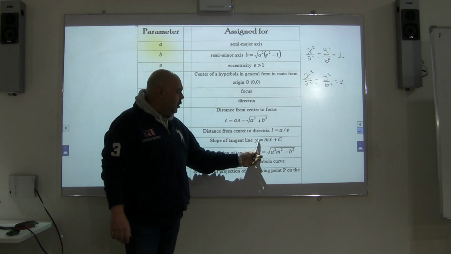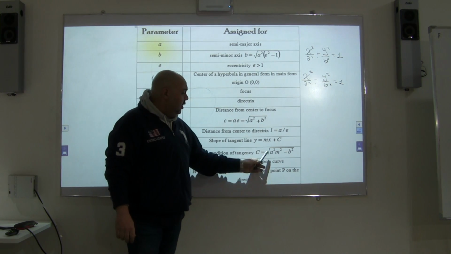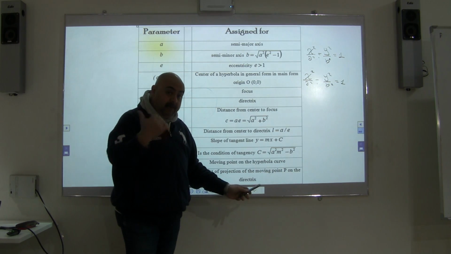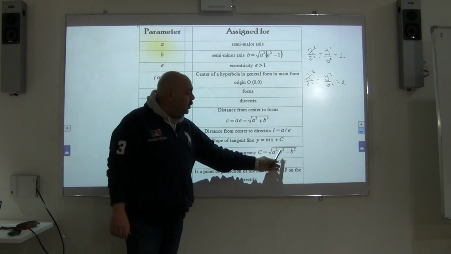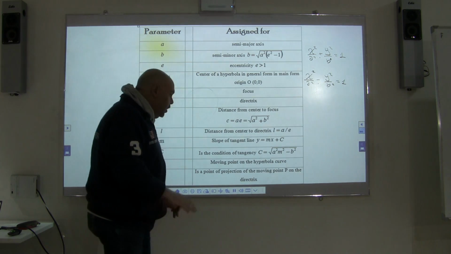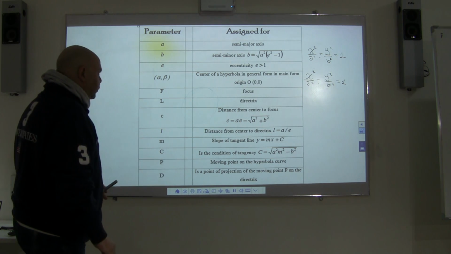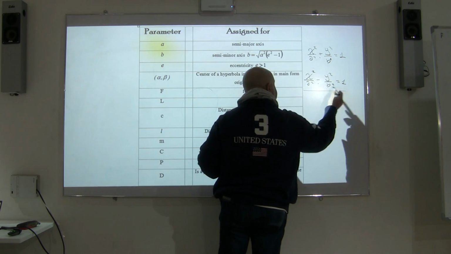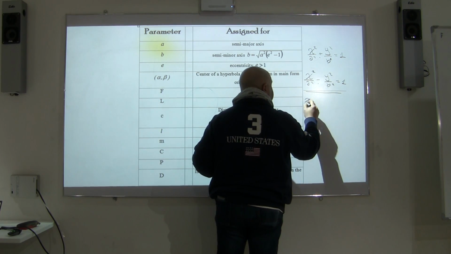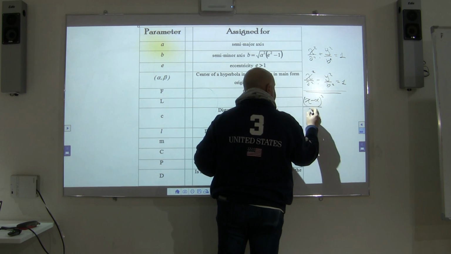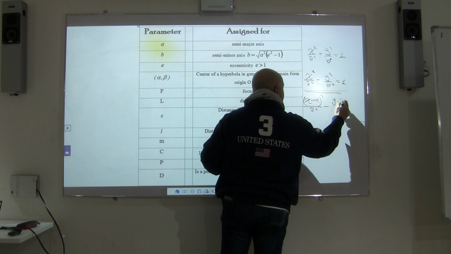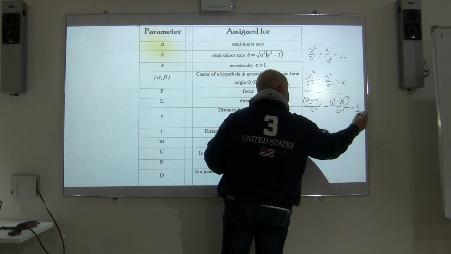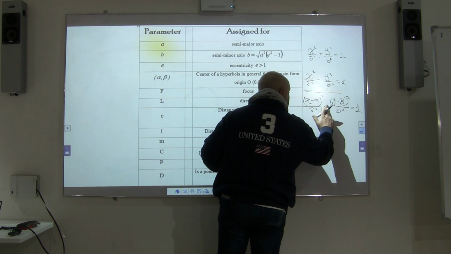Also, for the tangent y equals mx plus c, the condition for tangency here is c squared equals a squared m squared minus b squared, whereas in the ellipse it was a squared m squared plus b squared. Other than that, there is no difference. The general equation of an ellipse, if you remember from the previous session, is (x minus alpha) squared over a squared plus (y minus beta) squared over b squared equals 1.